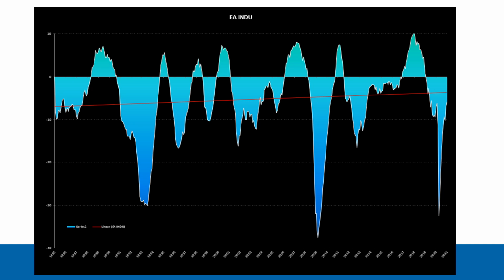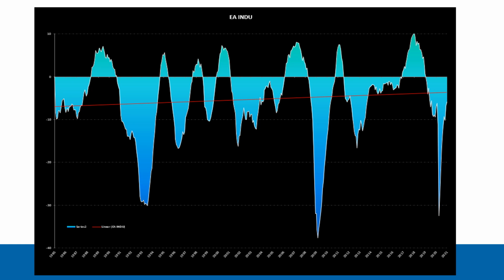And remember, this is the difference in percentages of respondents giving a positive sentiment and a negative sentiment on the month. And if you look at that long-term trend line, the red trend line, the long-term average here is in the negative. So what do we deduce from this? On average, European manufacturing businesses are always bearish.